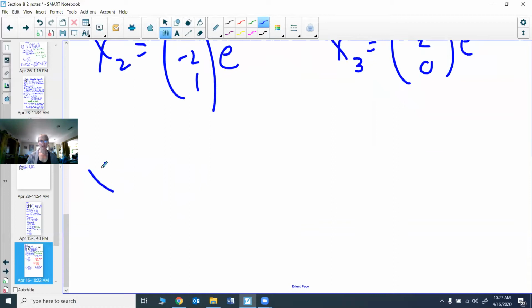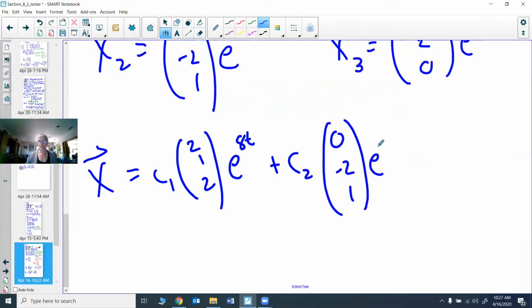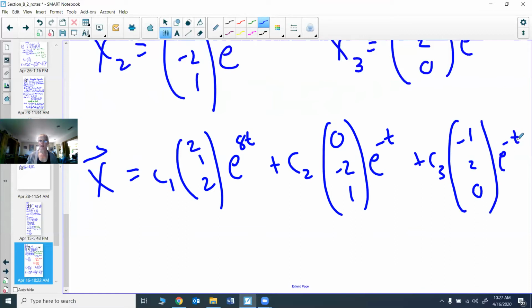So I can actually now write my x as being C1 times what we got for 8, which was 2, 1, 2, e to the 8t, plus C2 times 0, -2, 1, e to the -t, plus C3, we got -1, 2, 0, e to the -t. And there's my solution to this system.